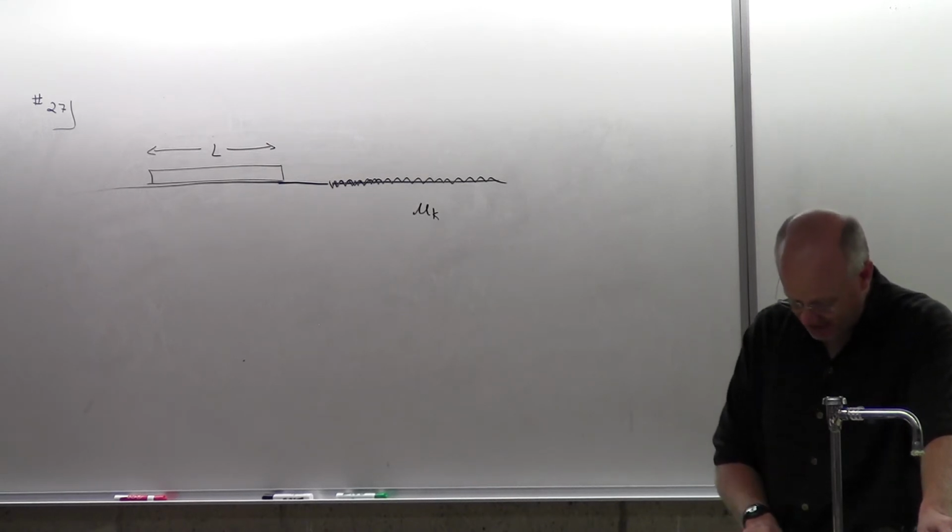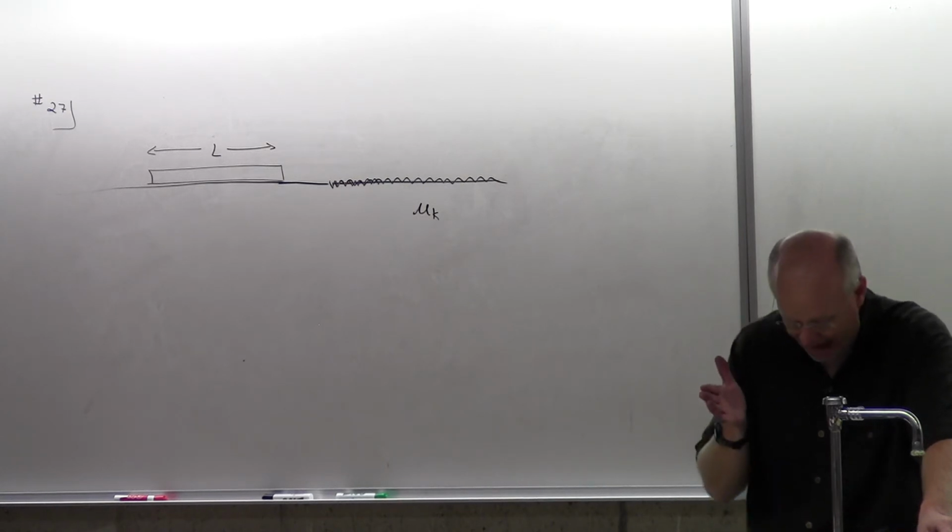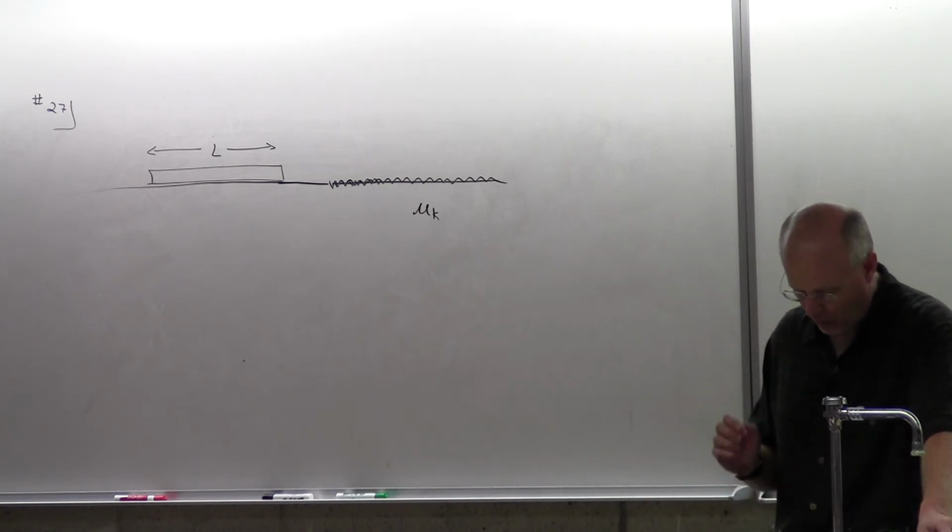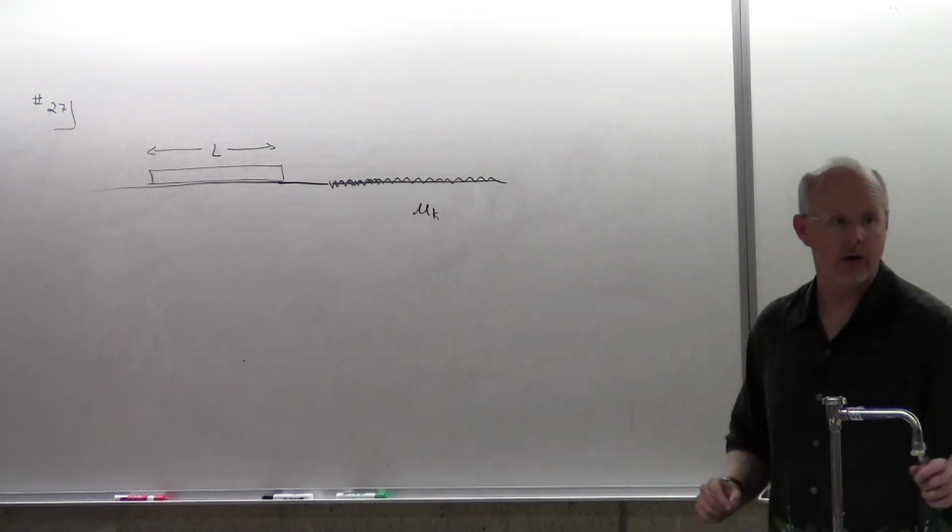As its front end travels a distance x beyond the boundary. The board stops the moment the back end reaches the boundary as shown in the figure. What would be the speed of the board?